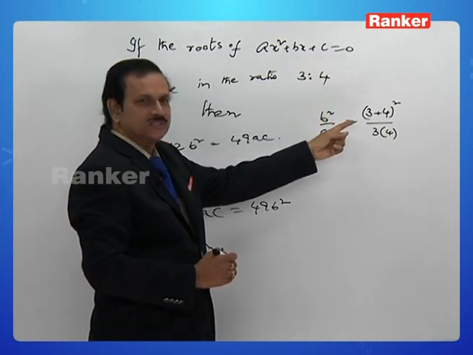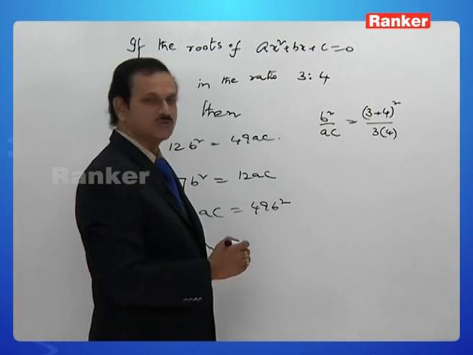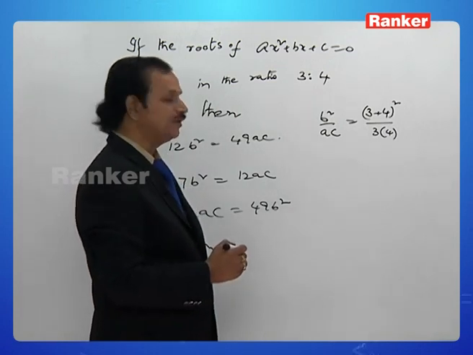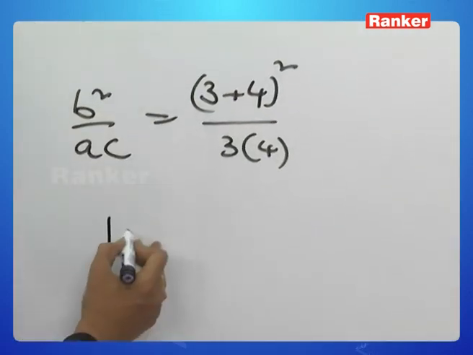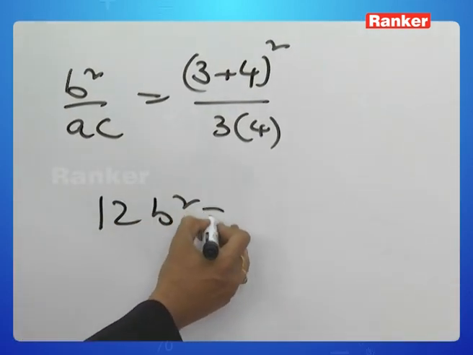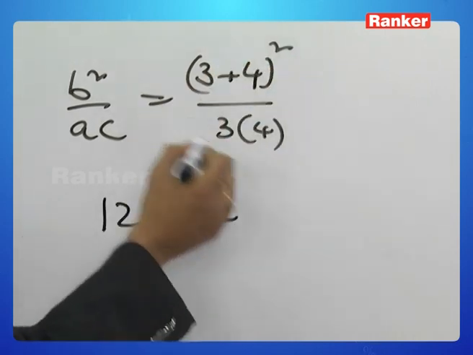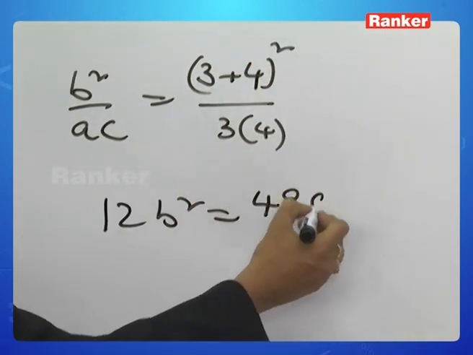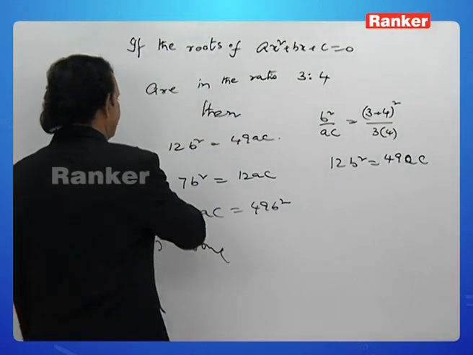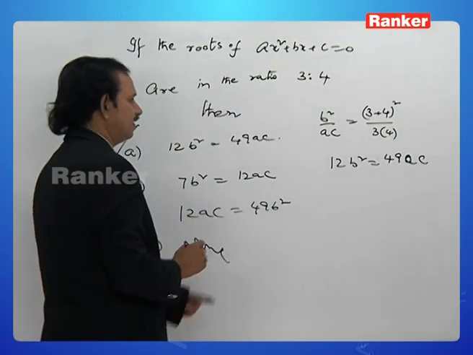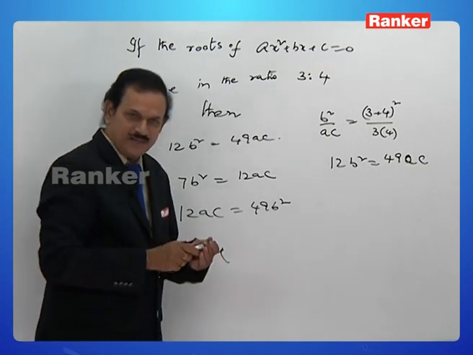Therefore, for m plus n whole square by mn, we are supposed to write 3 plus 4 whole square by 3 into 4. By cross multiplying the same, we shall be having 12 into b square. 12b square is equal to 7 square is 49, so it is 49ac. So what is the option which is suitable here? The very first option, 12b square is equal to 49ac.